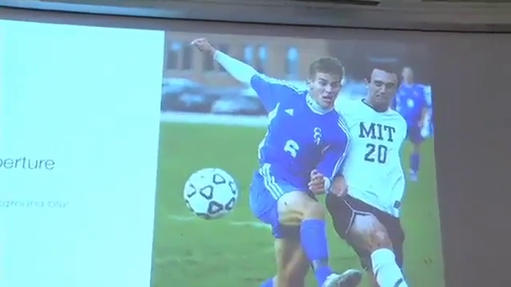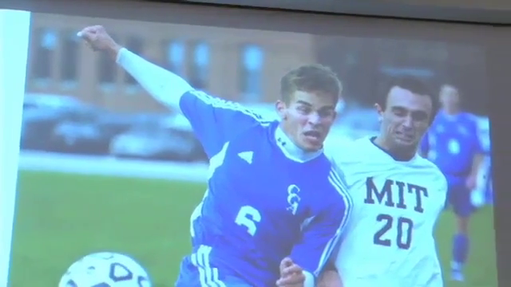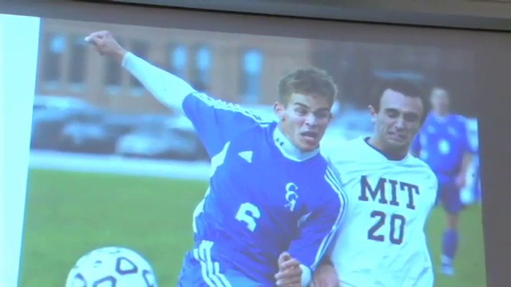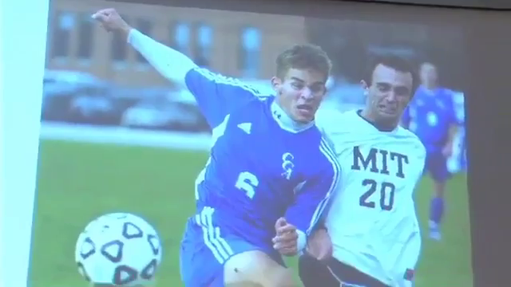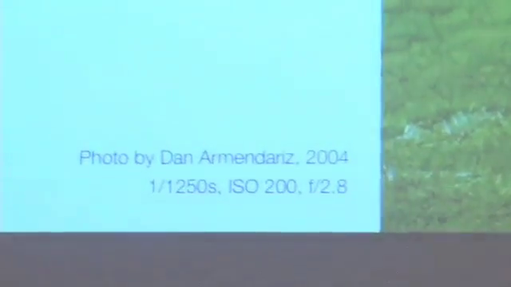So if you want a very smooth, nice blurry background to isolate the foreground, you want to use, among other things, a very low F number. You want to go as low as is possible for your specific lens.